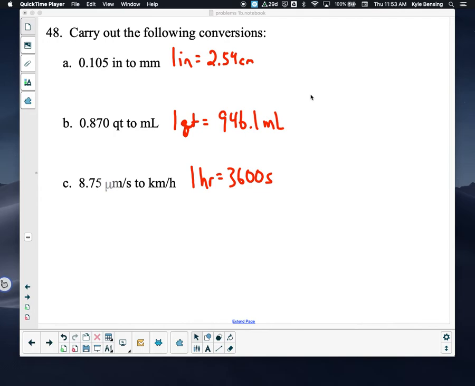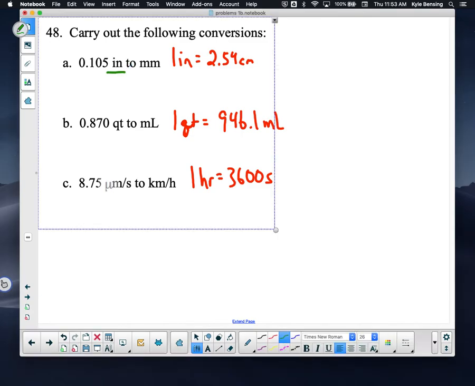I'm going to use the factor label method to go from inches to millimeters. I'm going to write in green, so it's different from the red. Notice we're going from inches to millimeters, but my conversion is in centimeters.